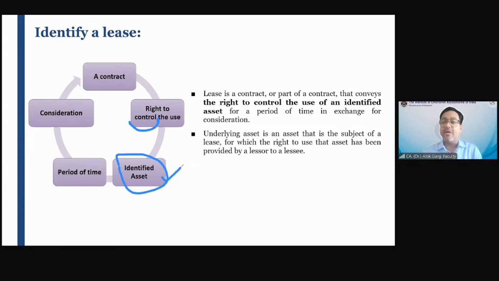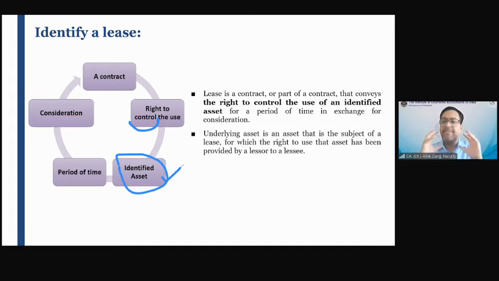So a contract between two or more parties where the right to control the use of an identified asset has been transferred for a period of time over a consideration. Means for a lease contract, there have to be two or more parties. One has to be a lessor, another has to be a lessee.